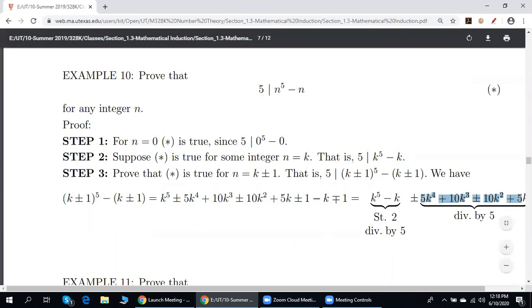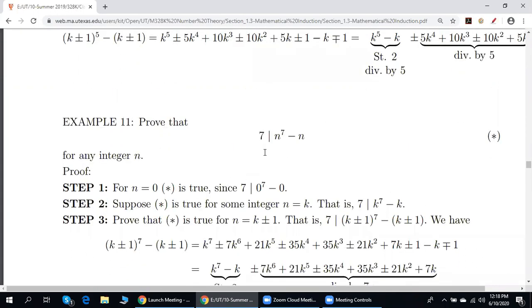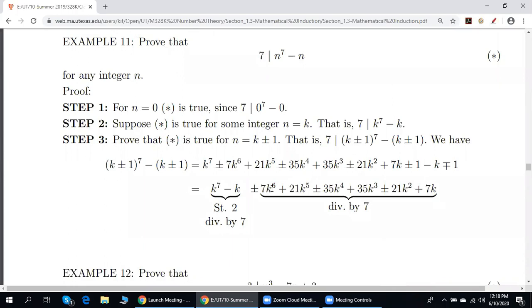And this expression is also divisible by 5 because we can factor out 5. Similarly here, computations are even more complicated, but the most fundamental idea is the same.